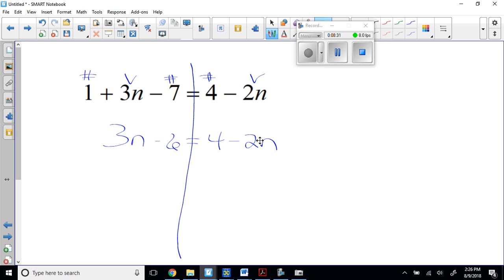Now, ladies and gentlemen, I've got negative 7 and a positive 1. Think about that. I have a 0 pair with one of those. It leaves me with negative 6 left, right? 7 take away 1 is 6. Keep the sign of the larger.